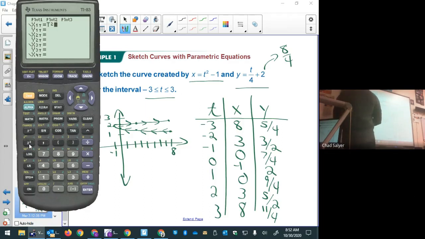So t squared minus 1. And then down here, t over 4 plus 2. And if we go to our window setup, we want to go from -3 to 3 on the t. And looks like the graph is okay, the default graph. Okay, good.